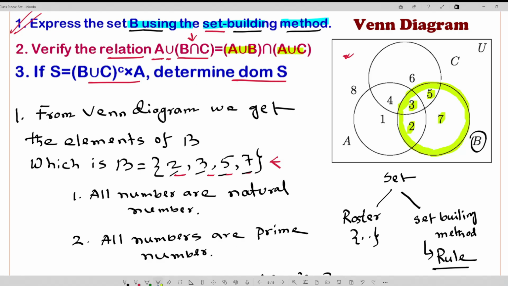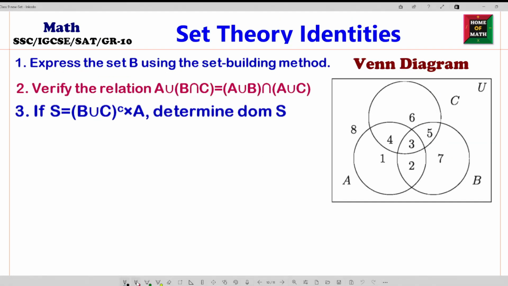Now let's start. The sets A, B, C we will get from where? This Venn diagram. So we can write the answer, this one is answer 2.